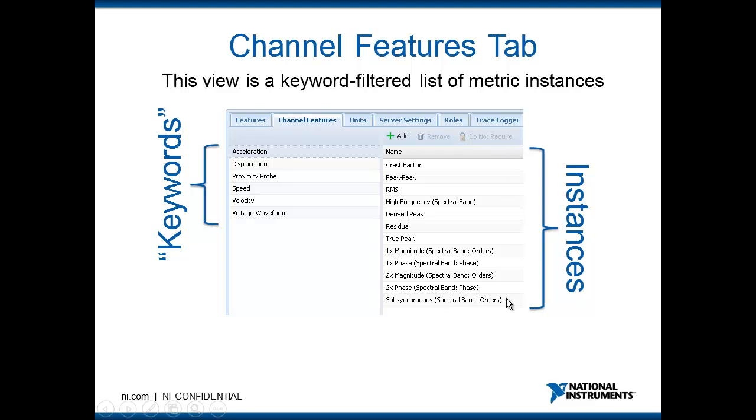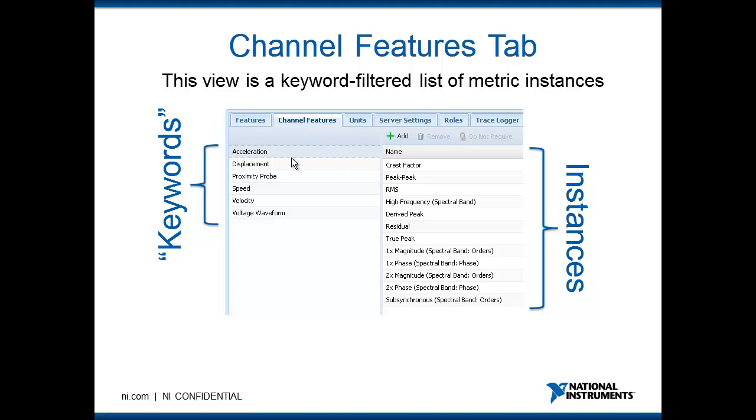Now if you go one tab over to the Channel Features tab, what you see is again a list of metric instances, but over here is their keyword association. Metrics are not particular to a specific device because the metric might not even run on the device, it might run on the server. Metrics are associated with types of channels. RMS, for instance, is typically calculated on acceleration channels.